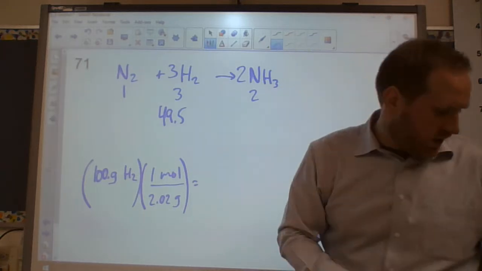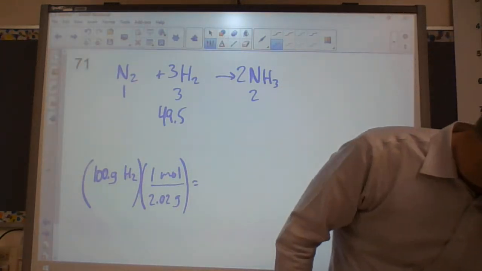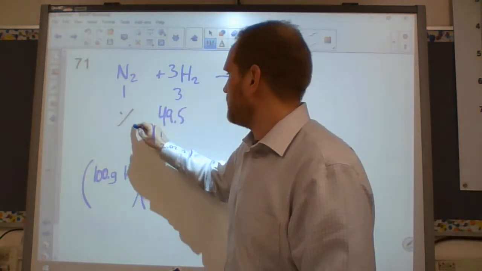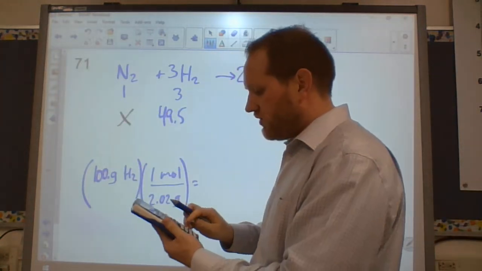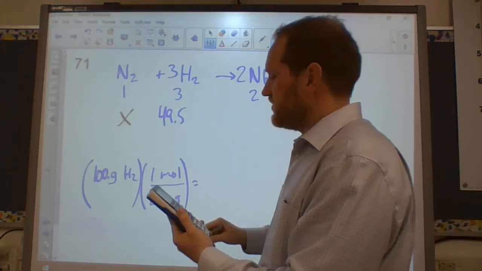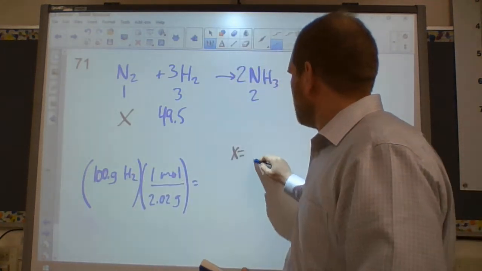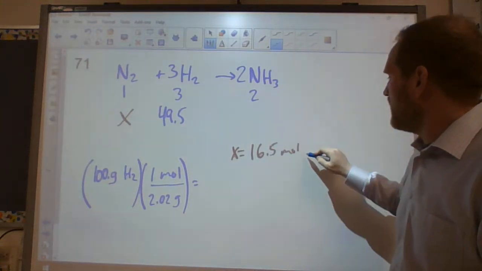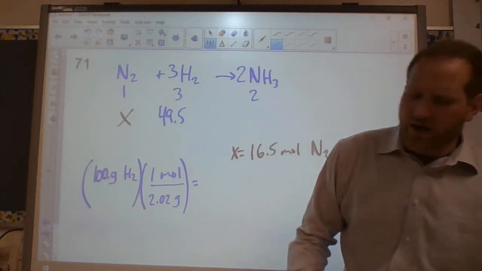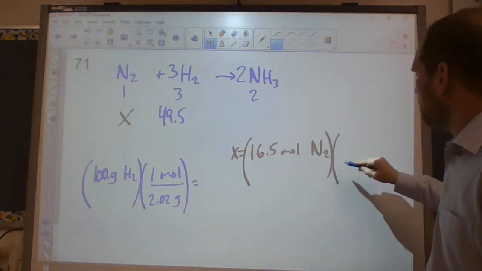71. Question's saying, how many grams of N2 are required? So here's my X. So it's a 3 to 1 mole ratio. So I'm going to say 49.5 divided by 3 gives me 16.5 moles of N2. And the question is asking for grams, so we just need to convert this into grams.